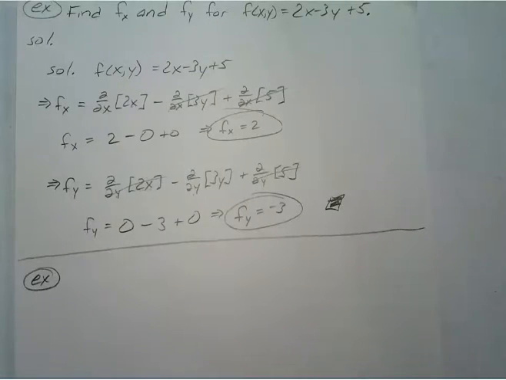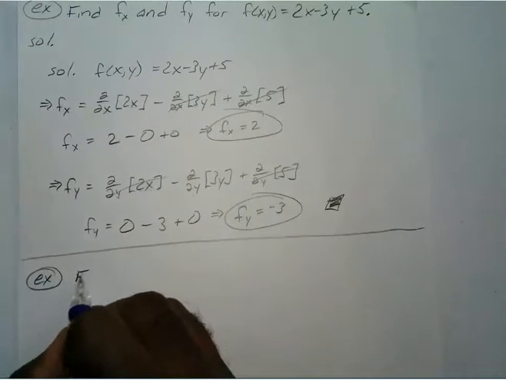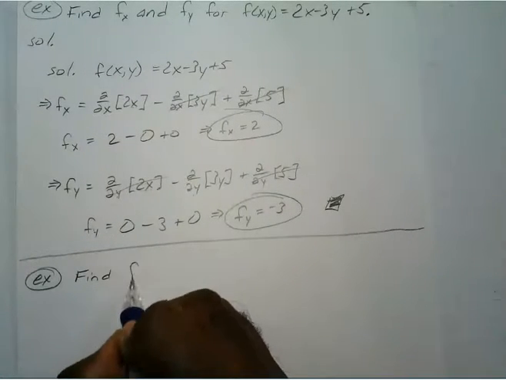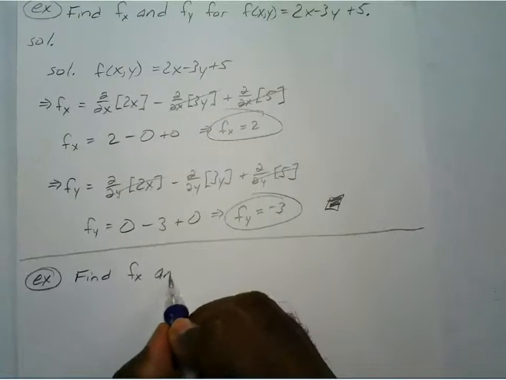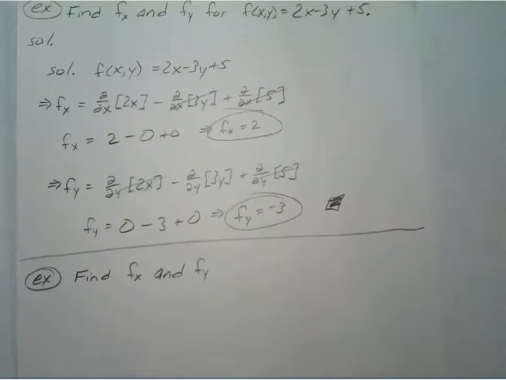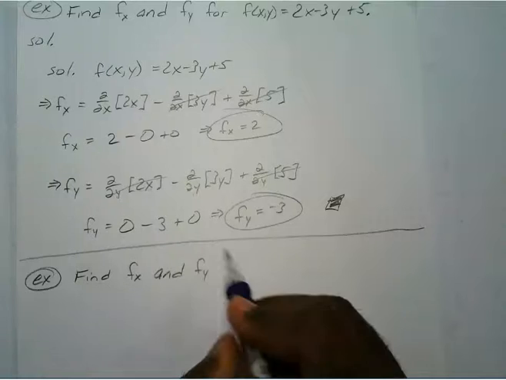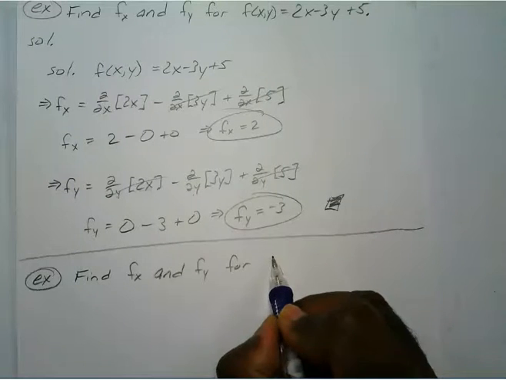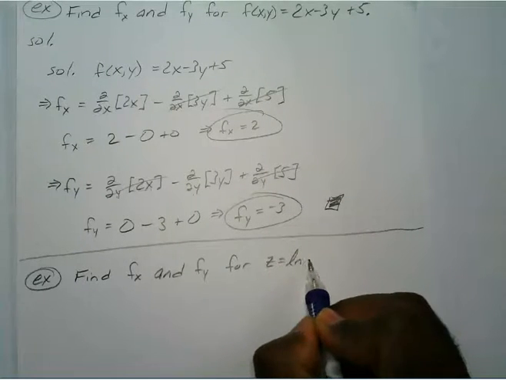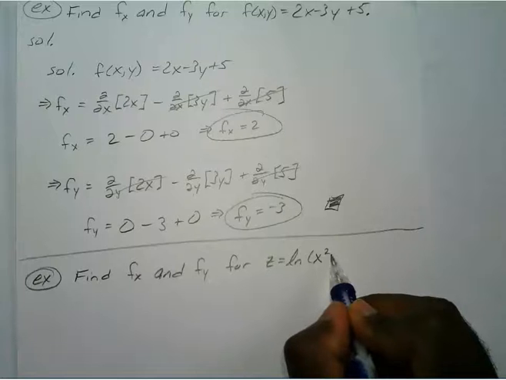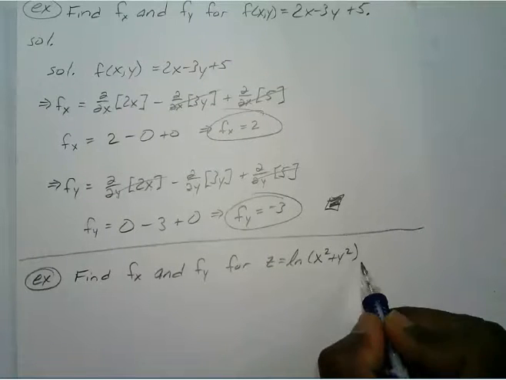Alright, so what if we wanted to find the partial with respect to x and the partial with respect to y for z is equal to natural log of x squared plus y squared?